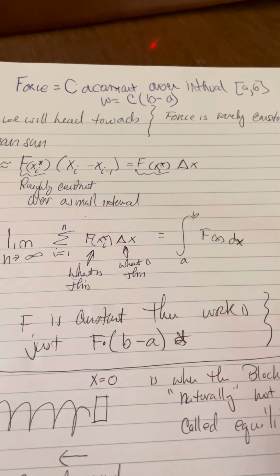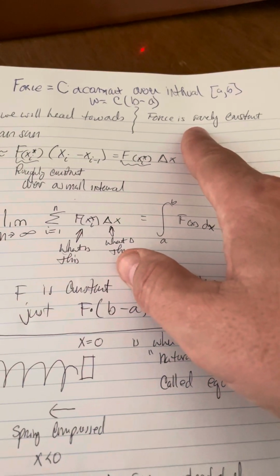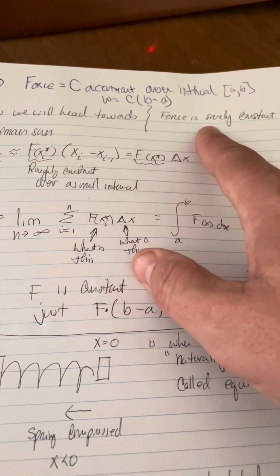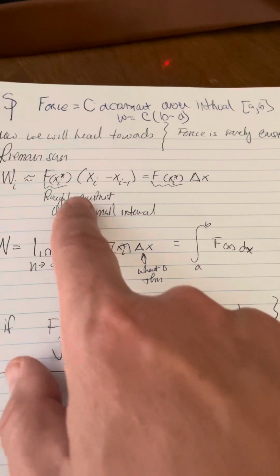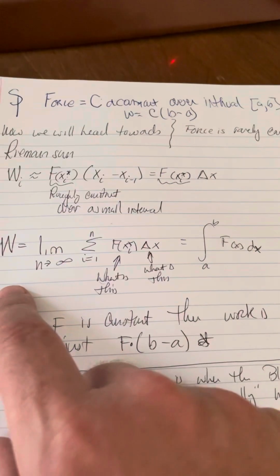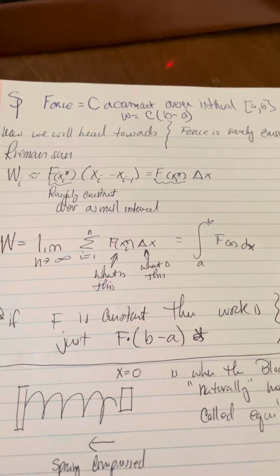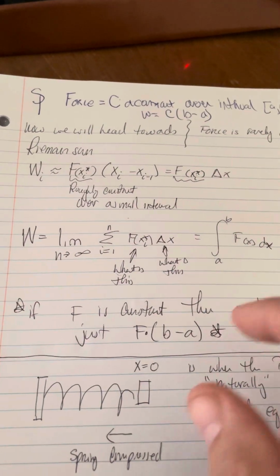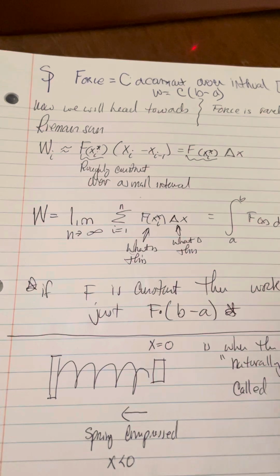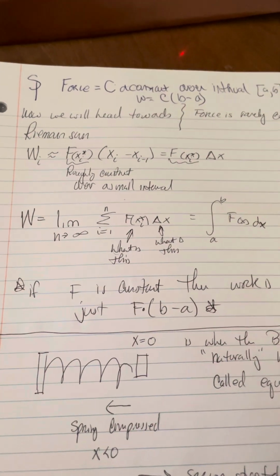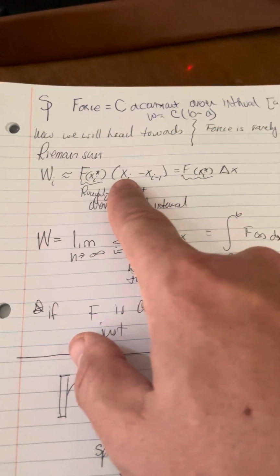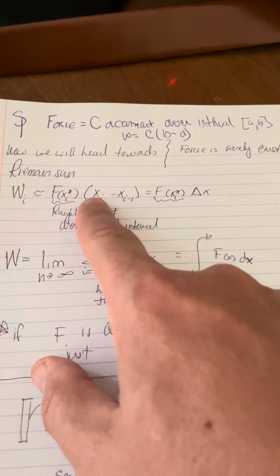But it's rarely the case that force is constant. And we are trying to always work towards some kind of Riemann sum. So what we're going to think about is, what if your force is changing over this interval? We can take an interval and chop it up into smaller bits.